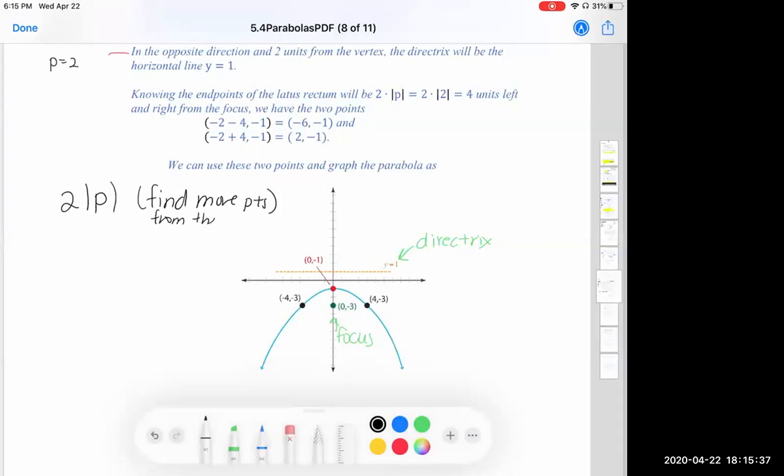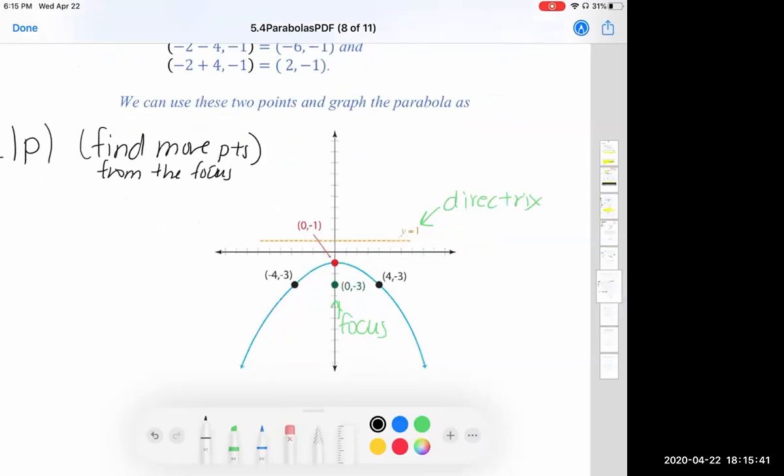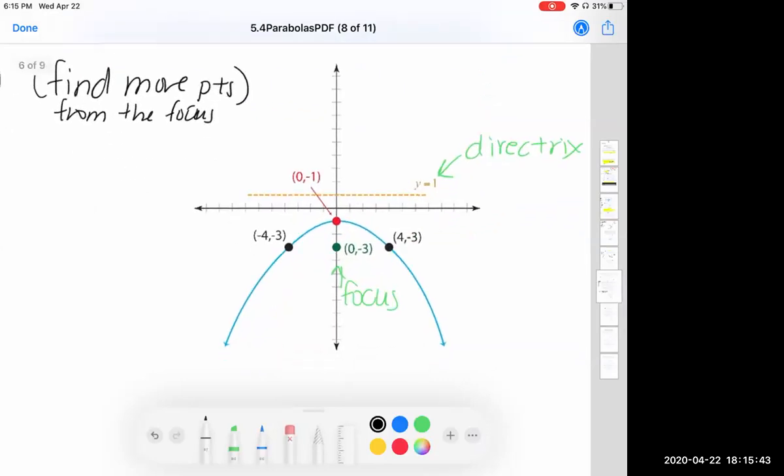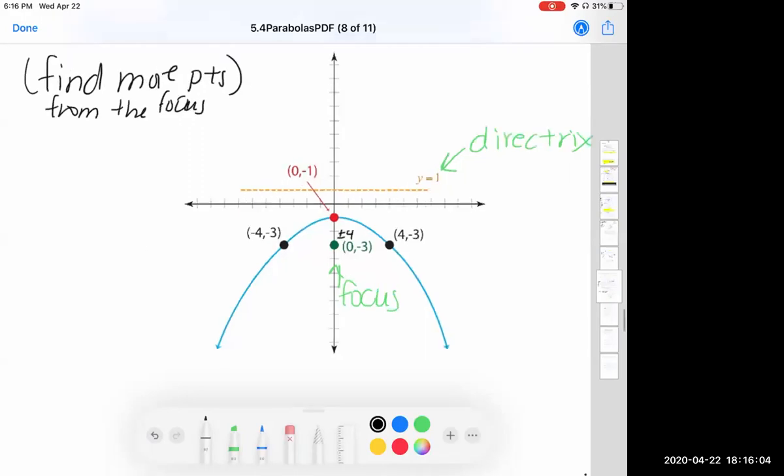From the focus, we're going to count 4 units. 1, 2, 3, and 4. And we always label everything. So we're going to be adding and subtracting this to our x. And there we have our answer.